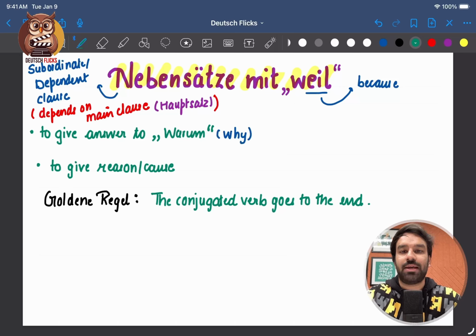Das konjugierte Verb geht ans Ende. At A2 level, you will realize that we keep our conjugated verb at the end. In English, you say because I am tired, but in German, you end up saying because I tired am. So the conjugated verb goes to the end. Now we'll look at the examples.